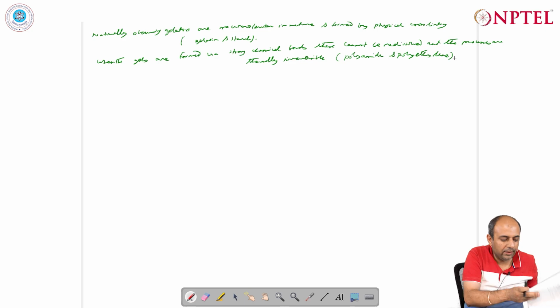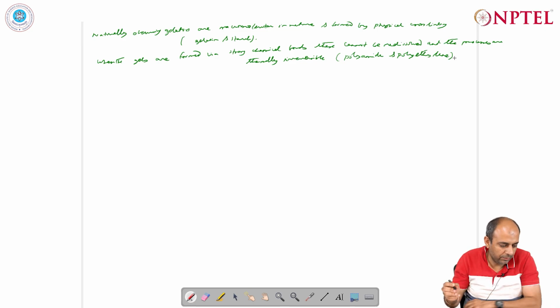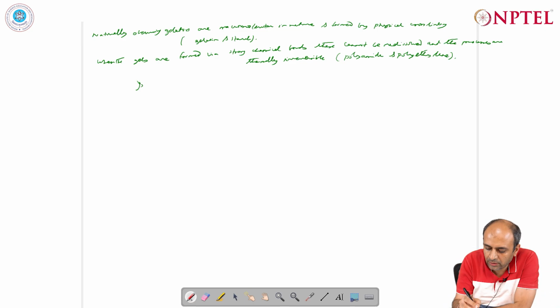And now we can look at this classification in a broader sense. So, we have the gels, we have got the source, natural or synthetic.